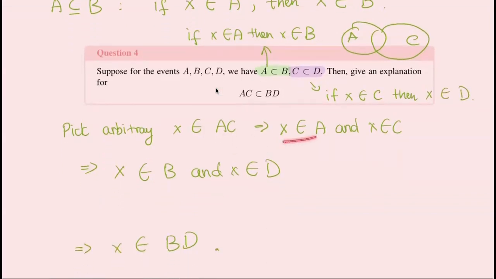So here you have x is in A, which implies that x is in B. And then x is in C implies that x is in D. And then we have x is in B and x is in D. So where is x? X has to be at their intersection, right? Does this make sense?